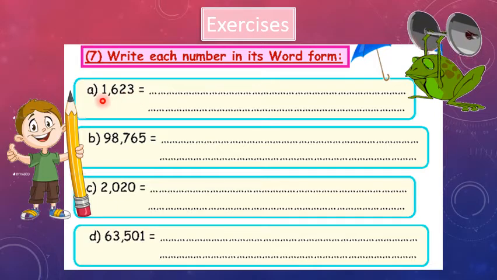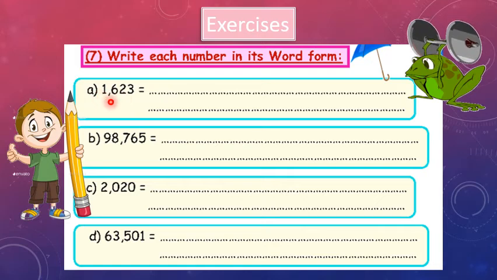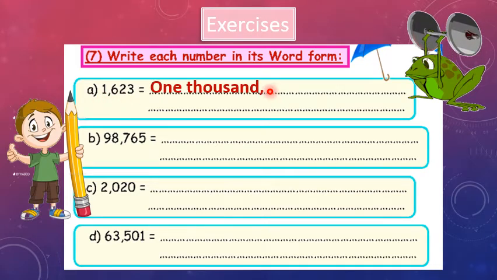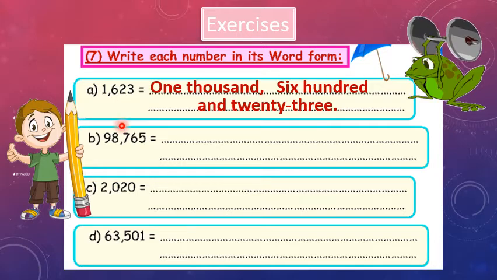As you read this number, you write it from left to right. It will be 1,000, like this. And put our comma here. And the rest of this number will be 623.